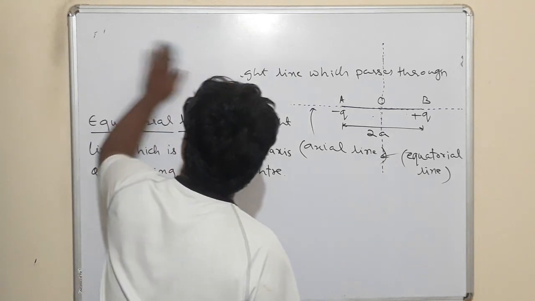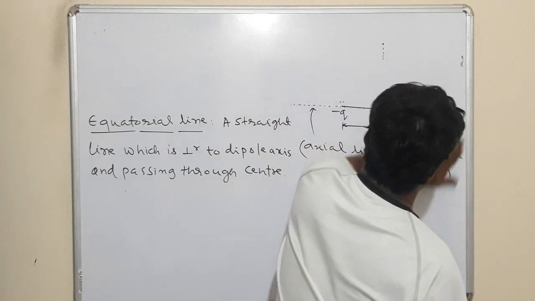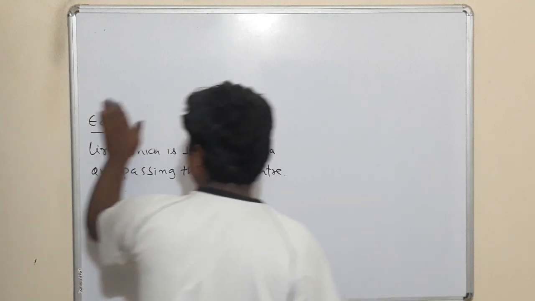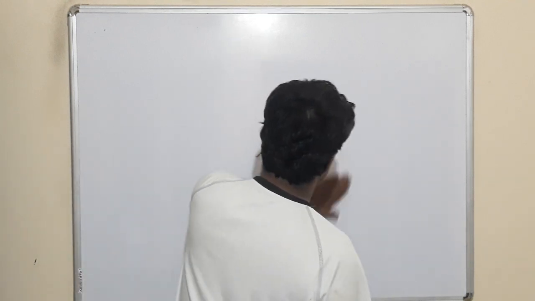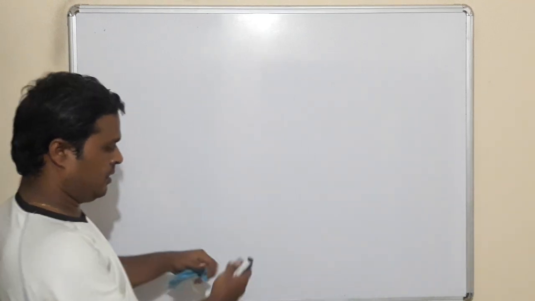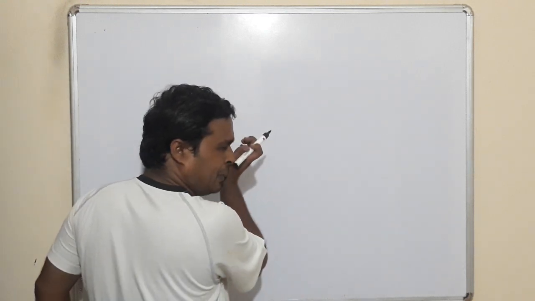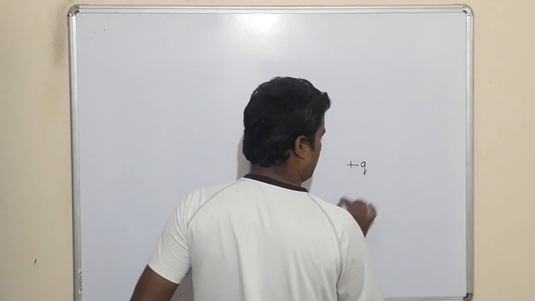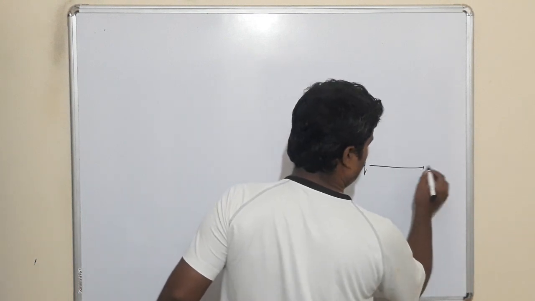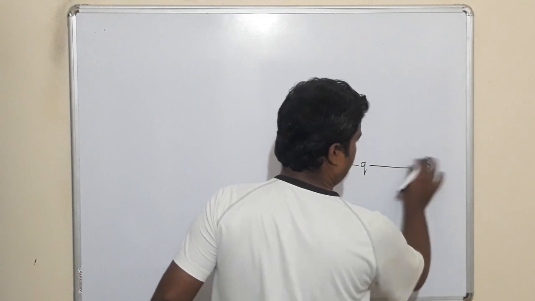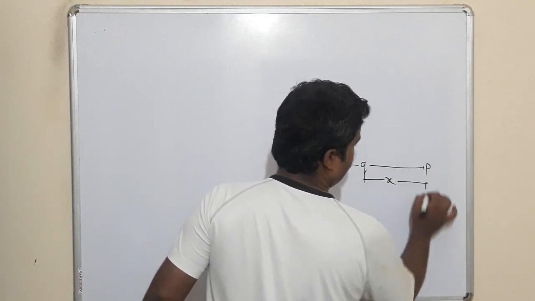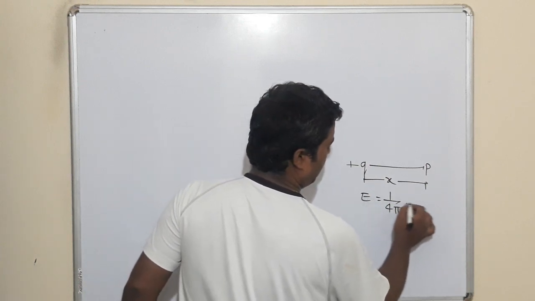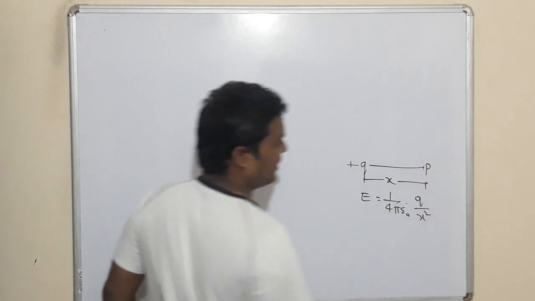Then how to calculate electric field due to electric dipole? I told you in the last class only, if there is a charge plus Q and you want to find the electric field at a point P which is at a distance x, what is the formula of the electric field? 1 by 4 pi epsilon naught Q by x square.